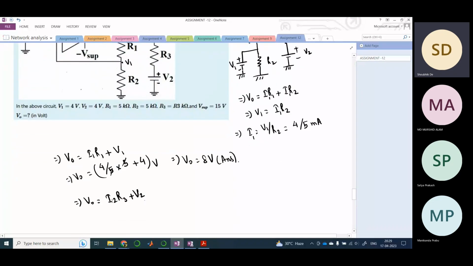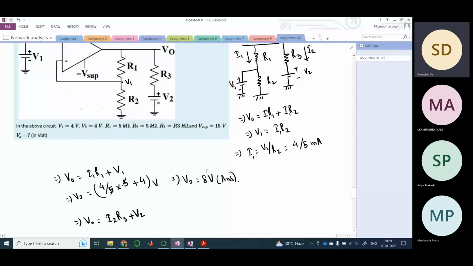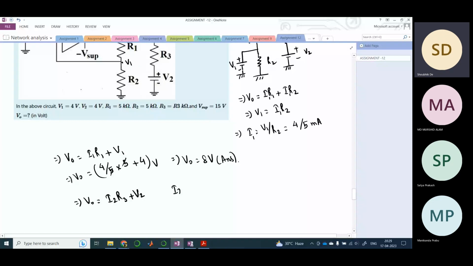So using this you can't solve because three parameters, I2, R3, and V0, you don't know. So the first path is sufficient for you to solve the problem.